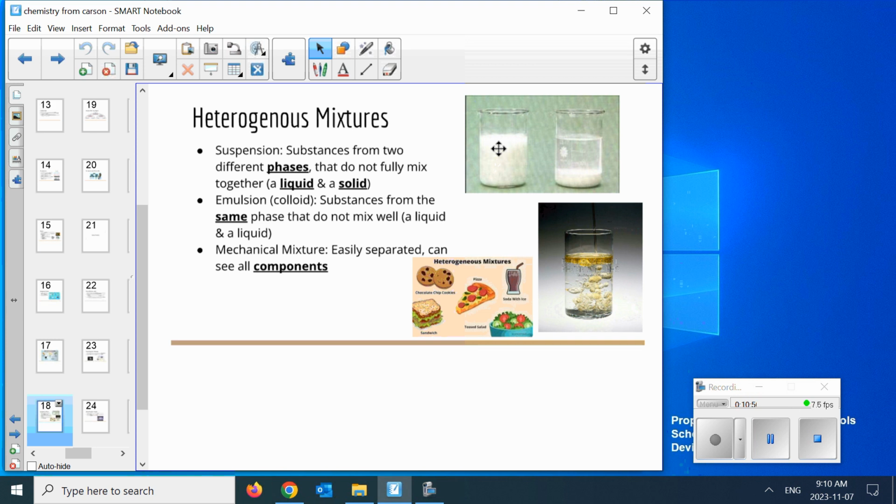A salad would be a good example of that. So with a salad, you can see the lettuce parts, the tomato parts, the cucumber parts or whatever, and you could sit and pick them apart if you want. That's a mechanical mixture, okay? You can see the components, the parts. Okay, we're good on that.